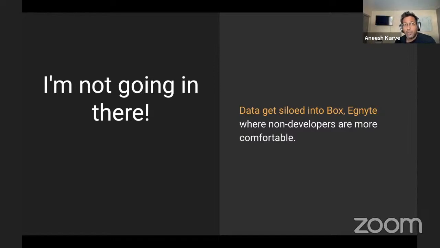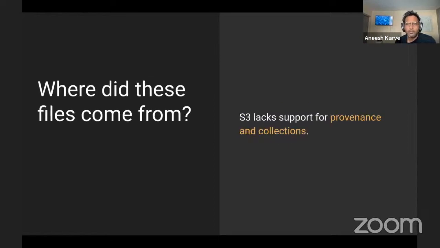And so what happens is some of our training, test, and validation sets, or information that we need to shepherd the model to maturity, gets siloed into other systems: Box, Ignite, Dropbox, email. The reason for this is different skill sets in the enterprise. So one of the problems that we'd like to solve, and we've done this in open source, is improving the usability of blob stores so that cross-functional teams can work together to mature models.